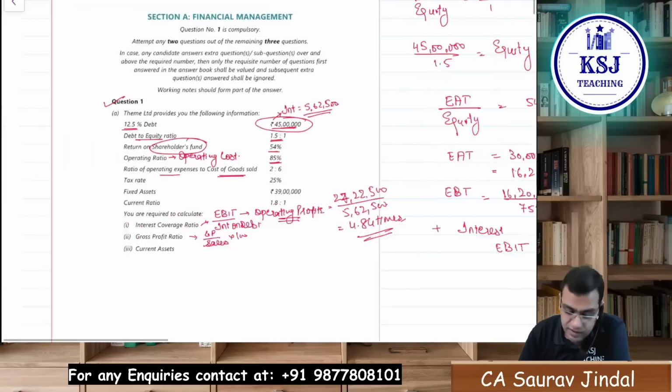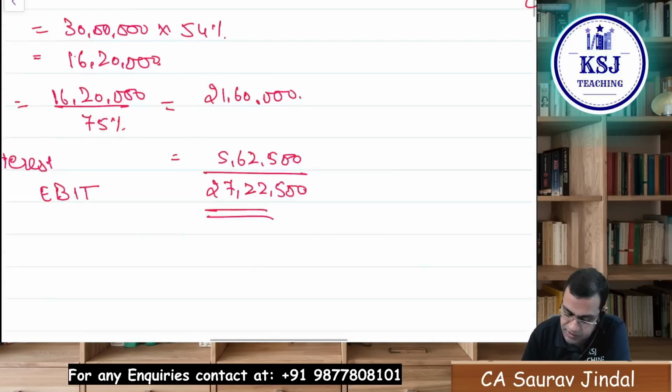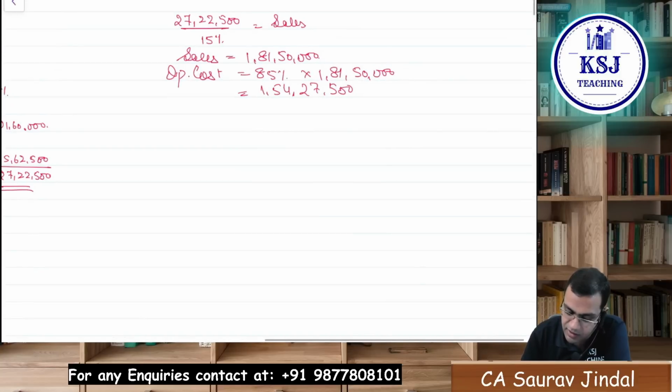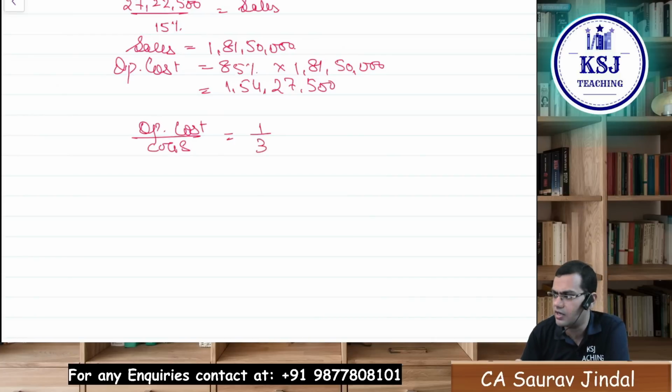Now there is another ratio that is given, which is operating expenses to cost of goods sold, right? So operating expenses divided by COGS is equal to how much, sir? It is given as 2 is to 6, or I have taken 1 by 3, sir.